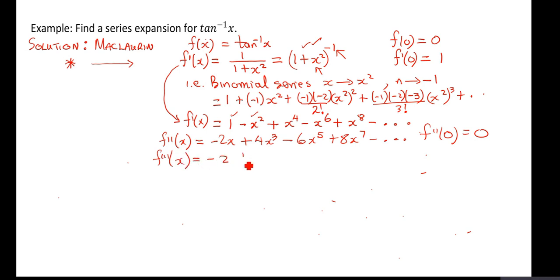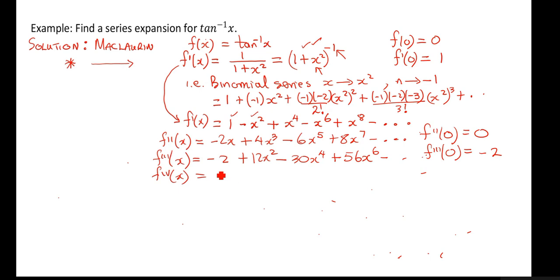Minus 2. Then 3 times 4, 12x squared. Minus 30, x to the power 4. Plus 7 times 8, 56, x to the power 6. Then I can find the third derivative at 0. And that gives me minus 2. Fourth derivative, 24x. Okay, I'm just going to write the next two derivatives.